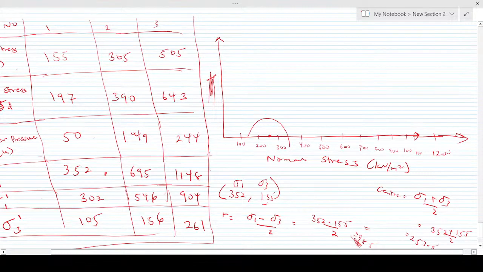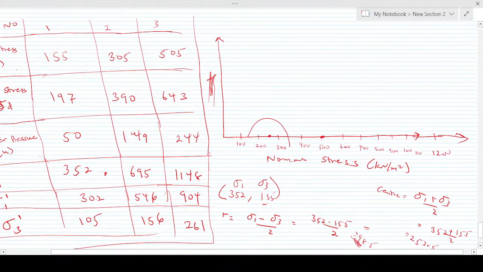For the second one, you have to find the center and the radius. The center is simply going to be 305 plus 695 divided by 2. That's 500. So you stand on 500, then you open your compass to your radius.